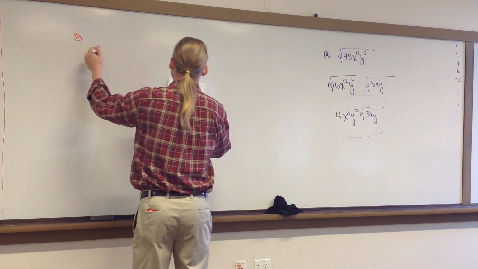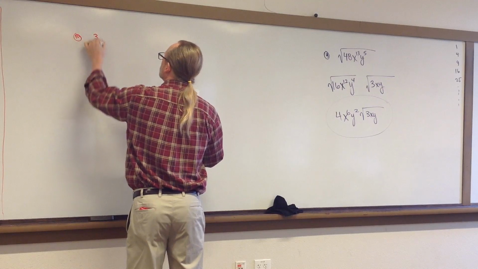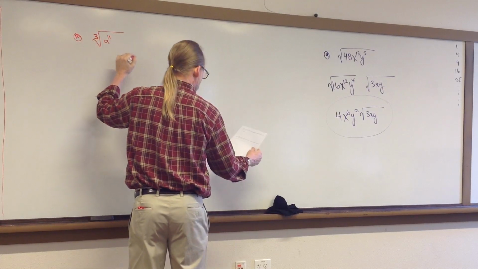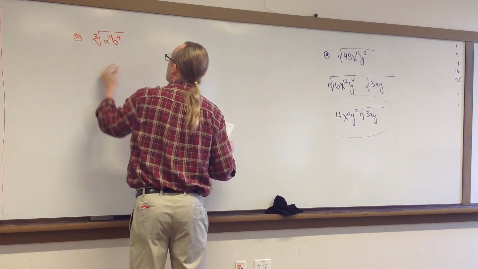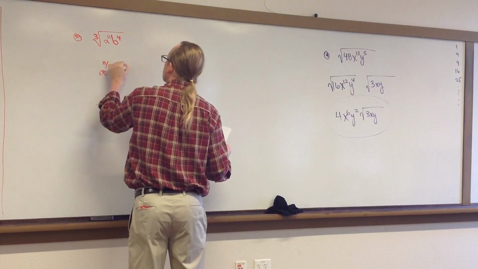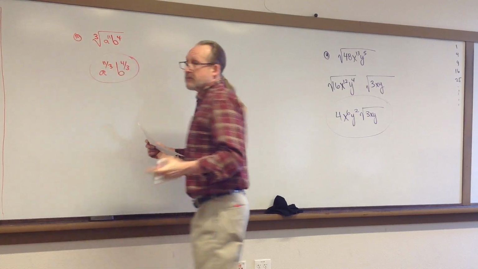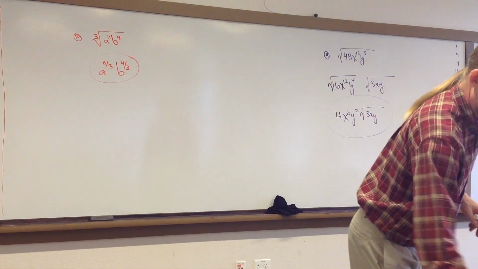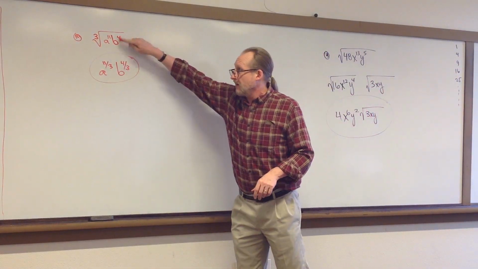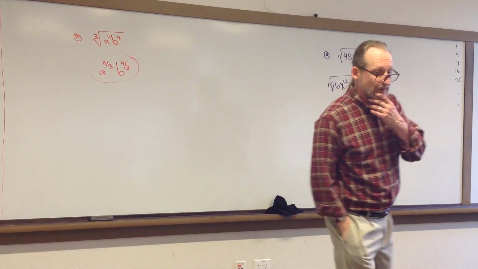Problem 10, this one's pretty straightforward. It is the cube root of a to the 11th and b to the 4th. And so we just want to write this with exponents: a to the 11 over 3, b to the 4 over 3, and we're done. There's not a whole lot of work in that. That's really just a problem about whether you understand how to move back and forth between those different notations.